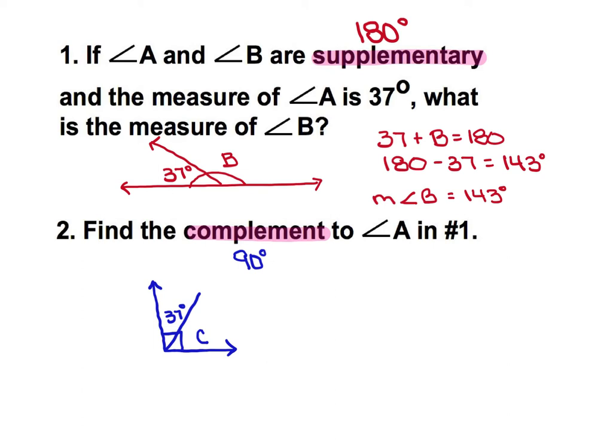Kaylee? 53. How'd you get 53 degrees? I subtracted 37 from 90. Good. 90 minus 37, 53. So the measure, and we named it angle C, is equal to 53 degrees. So supplementary, complementary. Good? A little bit? You can shake your head. Nobody will see you. I promise. All right.